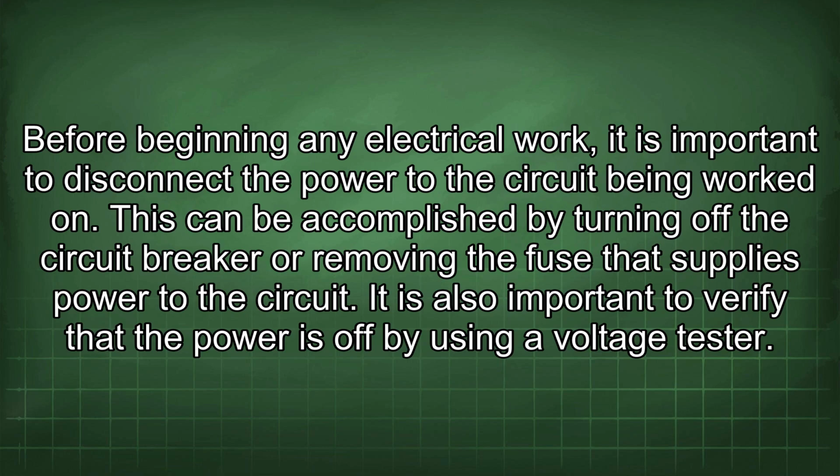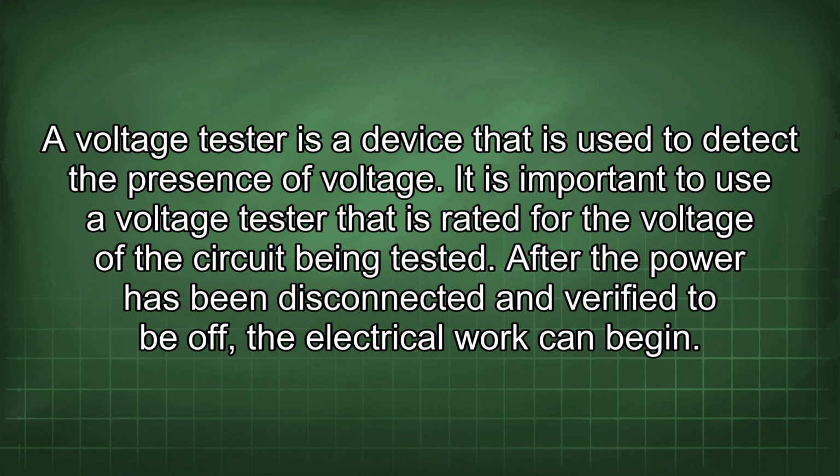This can be accomplished by turning off the circuit breaker or removing the fuse that supplies power to the circuit. It is also important to verify that the power is off by using a voltage tester. A voltage tester is a device that is used to detect the presence of voltage. It is important to use a voltage tester that is rated for the voltage of the circuit being tested.